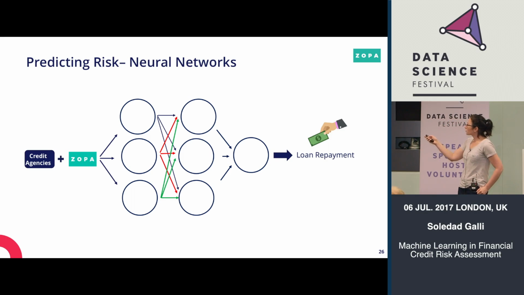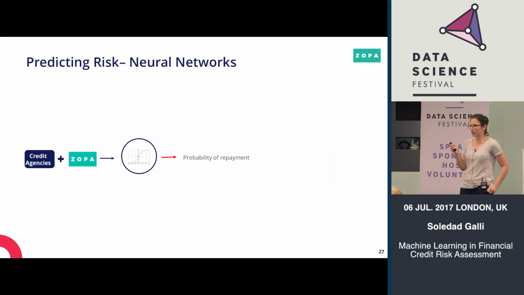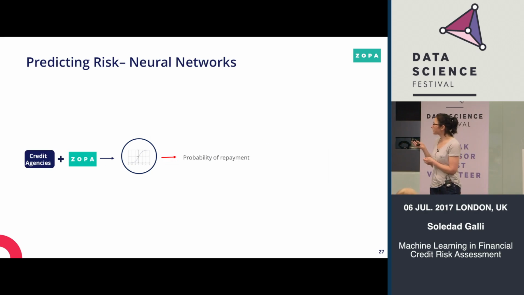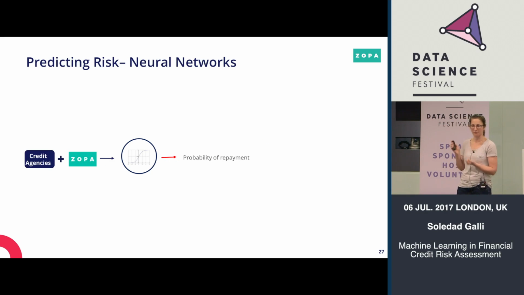So it's easier to understand if we go one neuron at a time. You can think of each single neuron as a single logistic regression in the simplest terms.